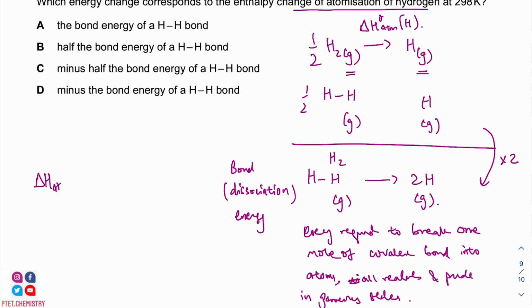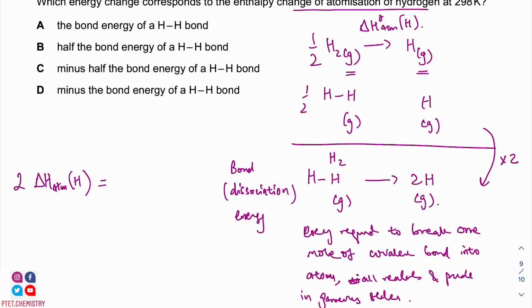The first reaction you see there is the atomization of H, because the atomizing, forming one mole of a gaseous atom from its element in standard state, it so happened that both are in gaseous state and both of these are in gaseous state. Therefore, it's exactly the multiple of 2.